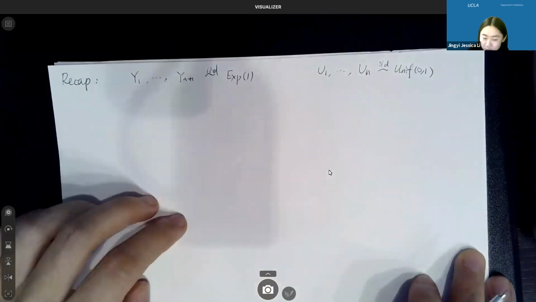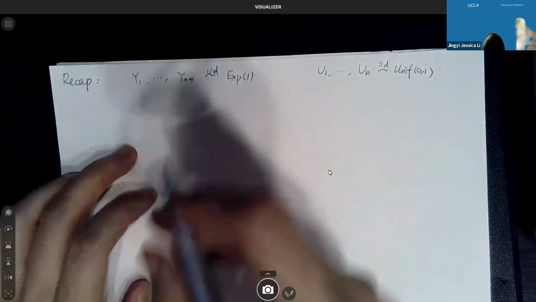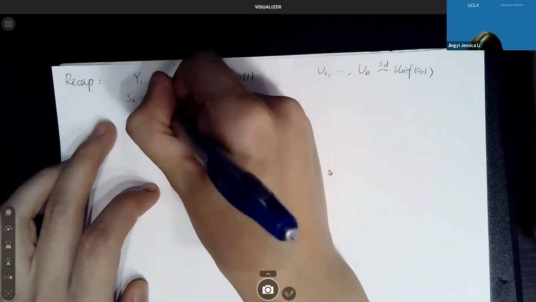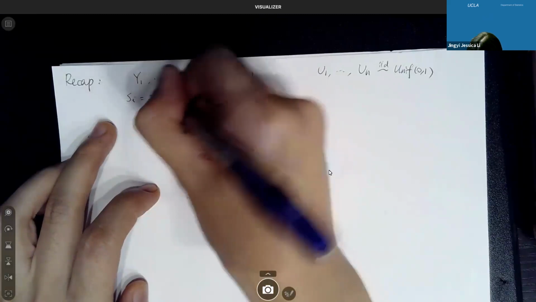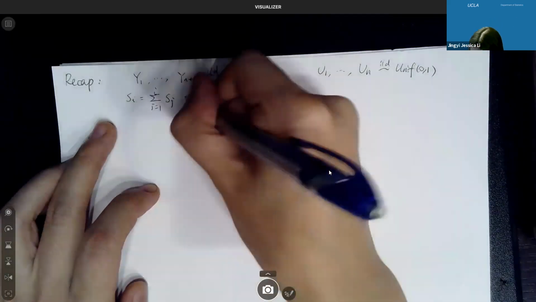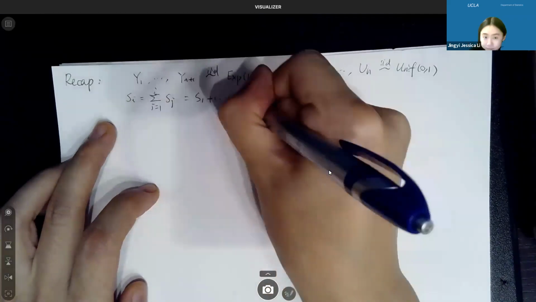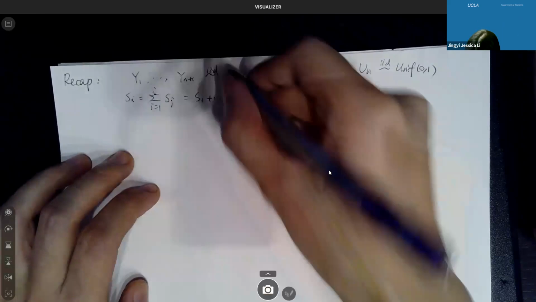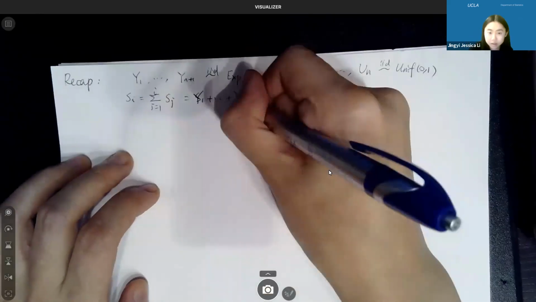And then what we did is to define the partial sums Si as the summation over j from 1 to i of Yj. In other words, Si is just the sum of Y up to Yi.